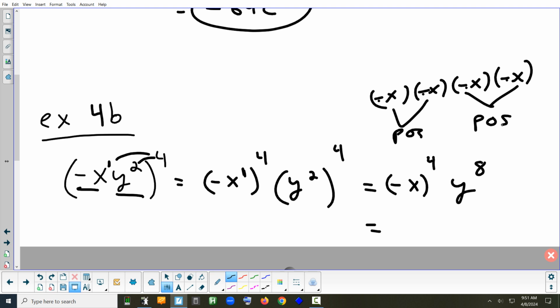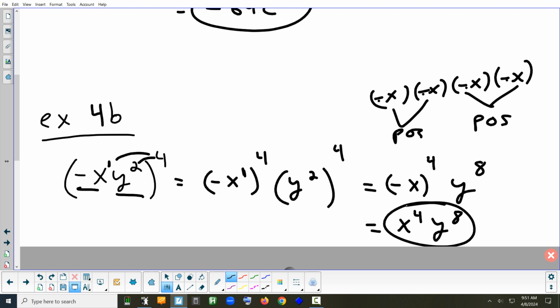Positive. Whenever you raise a negative to an even power, the negative cancels out. You don't need this negative anymore. Raising it to the 4th power makes it go away. If it was to the 5th power, no, the negative would stay. So that's the final answer, as simplified as you can get.